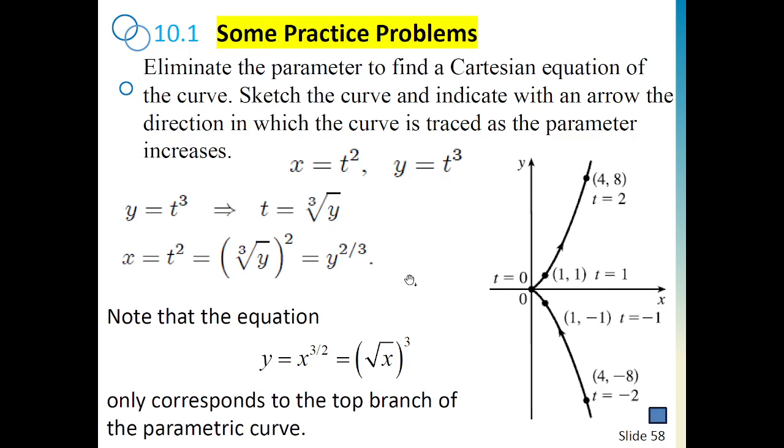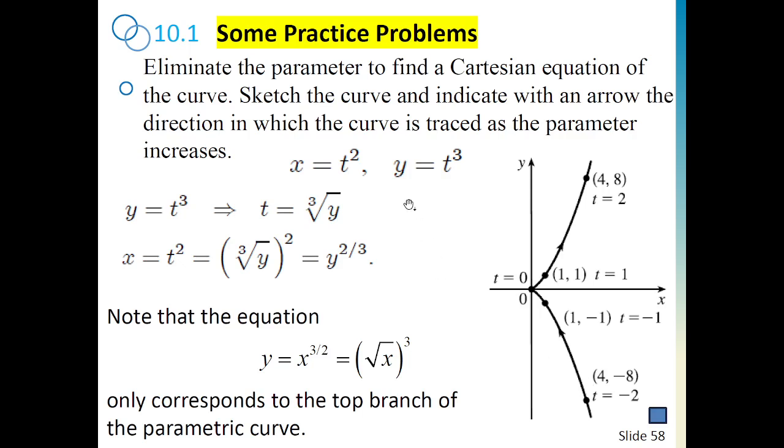So we need to be wise. Here we rewrite this expression, we isolate t and then we plug it into the value of x. So now in this expression, x is positive, but y can be positive or negative. So now we have the right shape.